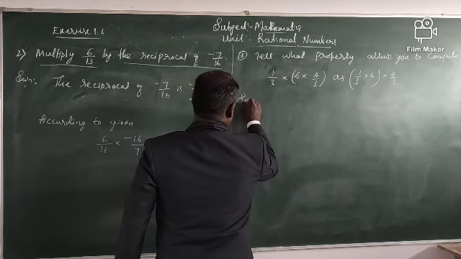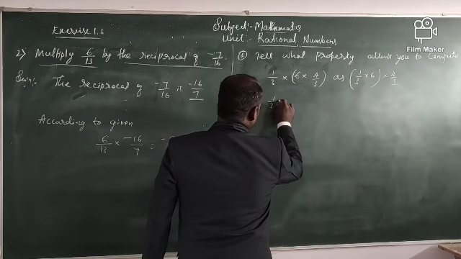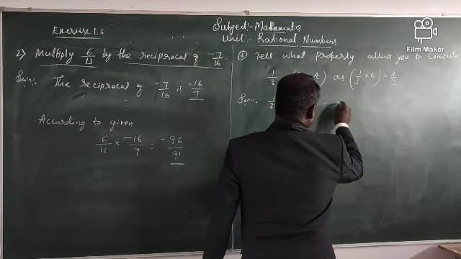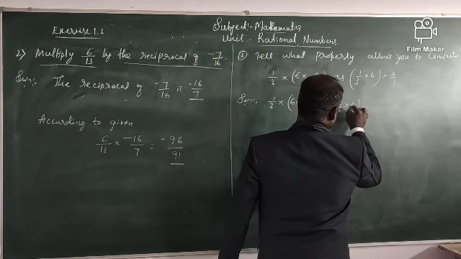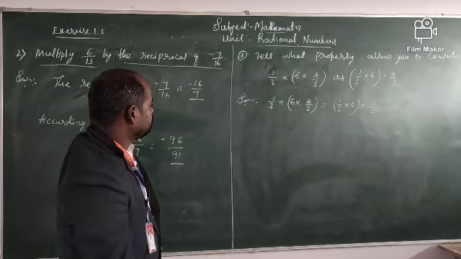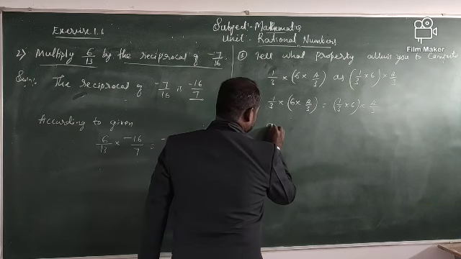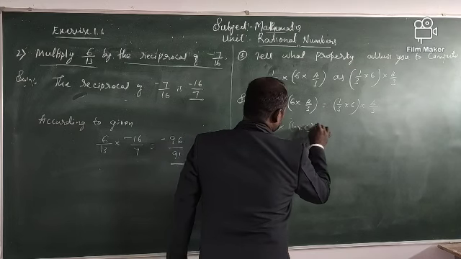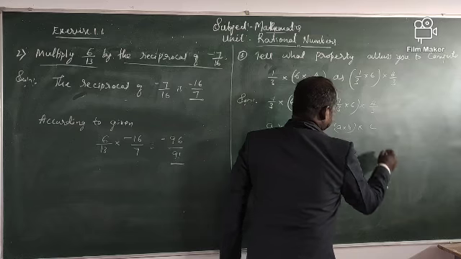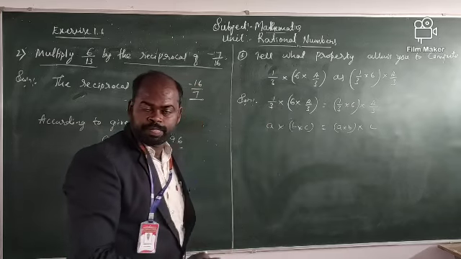Look here. Write the question once again. 1 by 3 into 6 into 4 by 3, which is equal to 1 by 3 into 6 into 4 by 3, with different grouping. Understand? See children here, it is in the form of A into B into C, which is equal to A into B into C. Then what type of property is this?